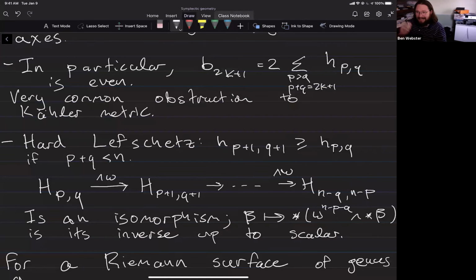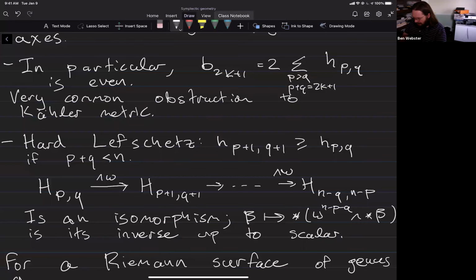Again, because the symplectic form is closed. So I'm using all over the place here that I have a Kähler manifold. Wedging with the symplectic form gives me a map from the (p,q) cohomology into the (p+1,q+1), so wedging with the symplectic form preserves being harmonic.